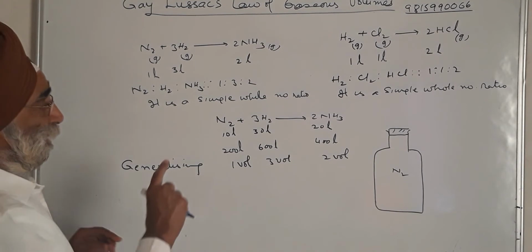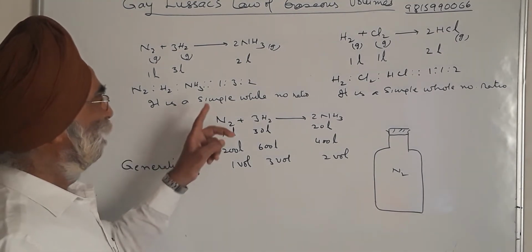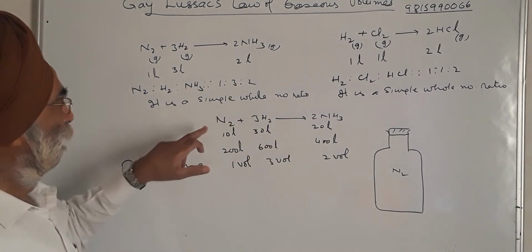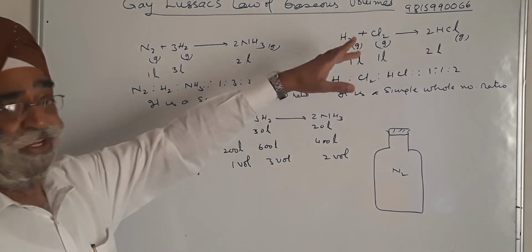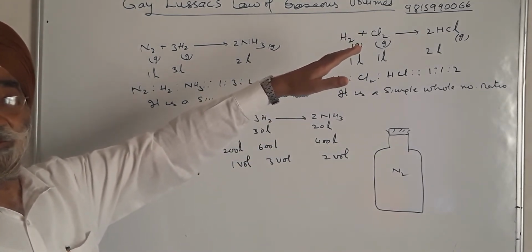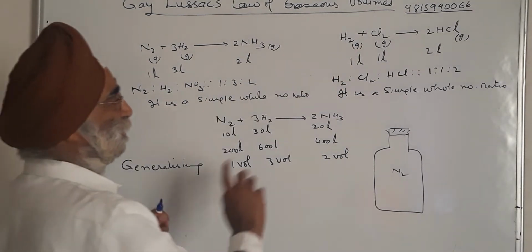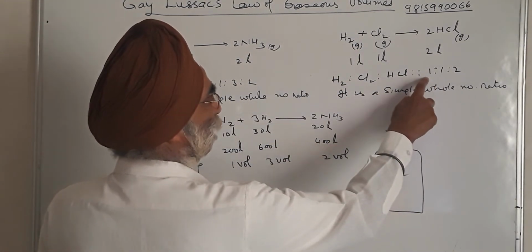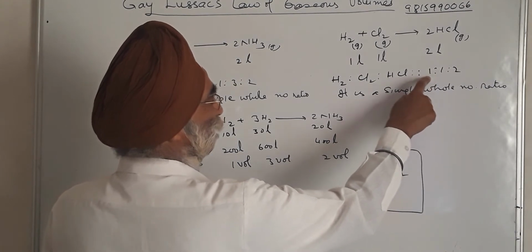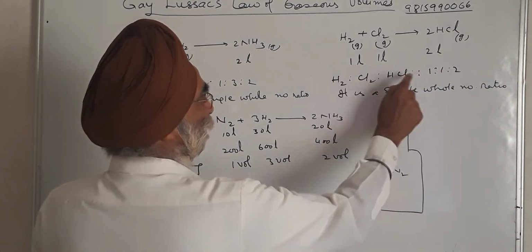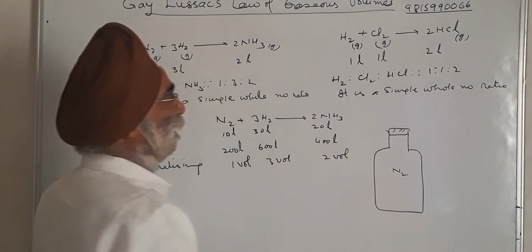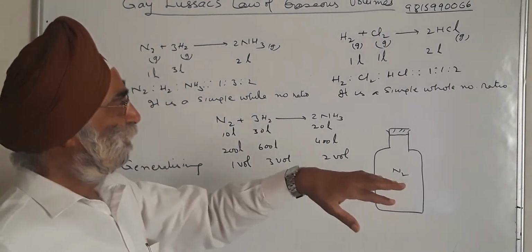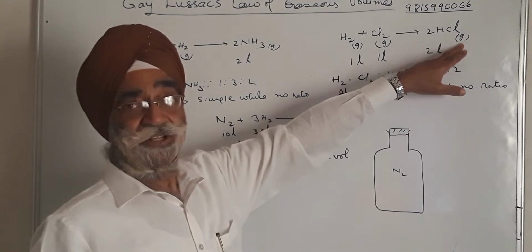So, whenever gases combine, they combine in a simple whole number ratio of volumes. The reactants are in a simple whole number ratio of volumes, and also the products, if they are gases.